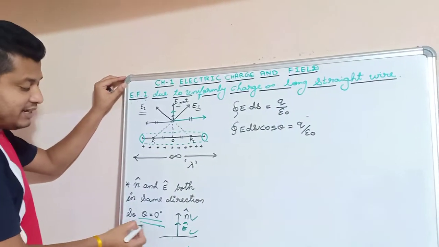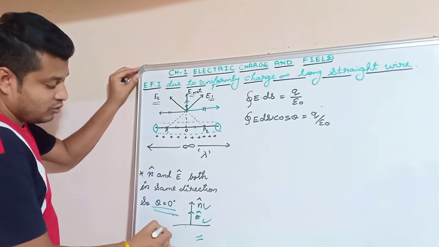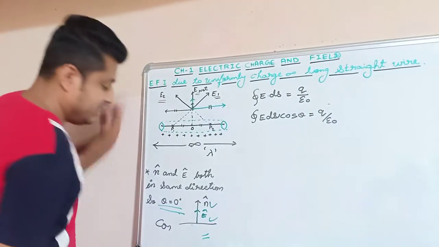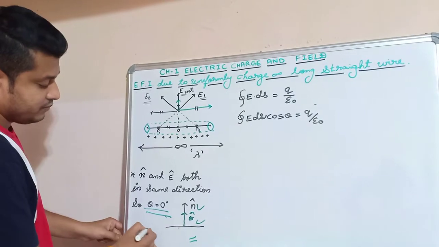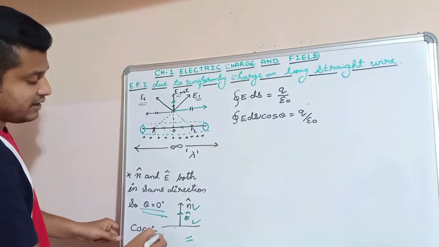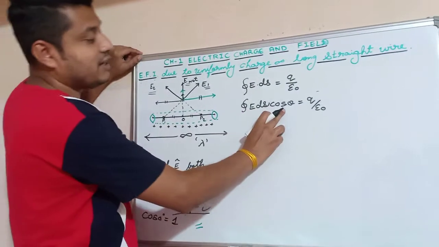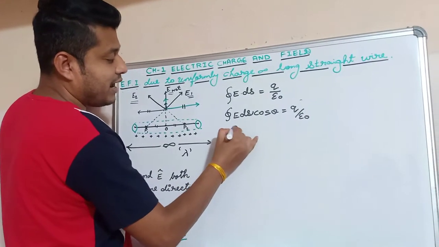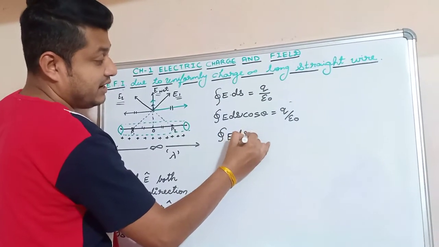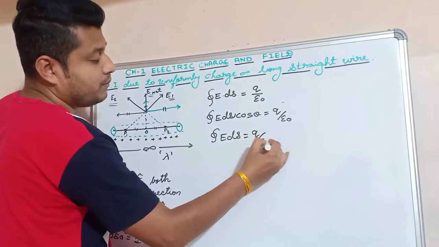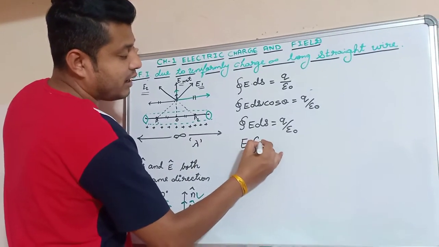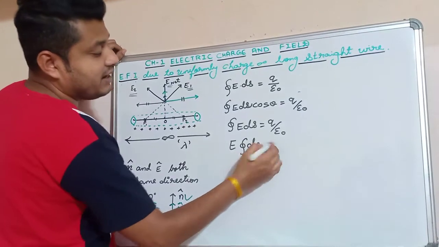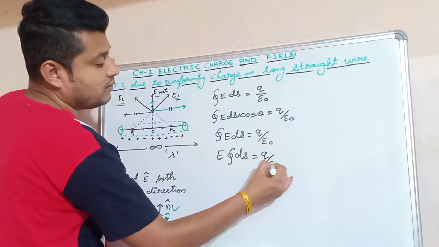Here the value of theta is 0, so cos 0 degrees is 1. So we have E dS equal to q upon epsilon naught, that is, E times the integral of dS is equal to q upon epsilon naught.